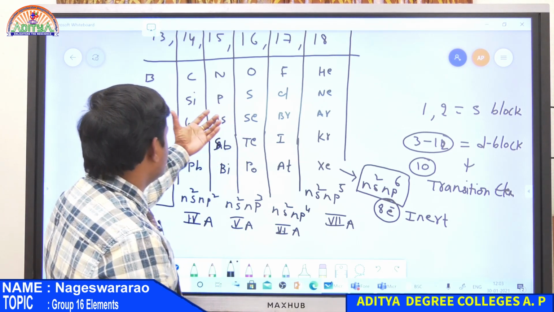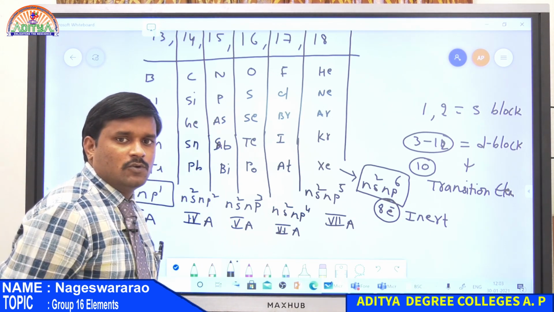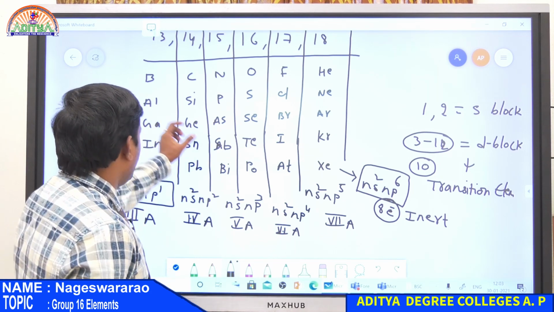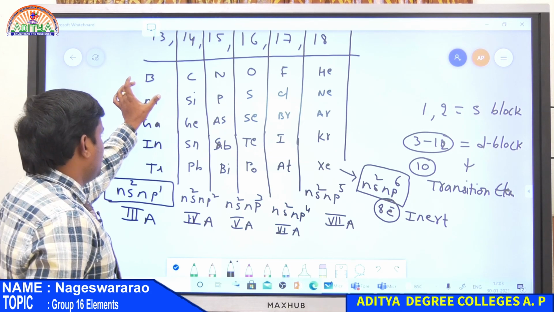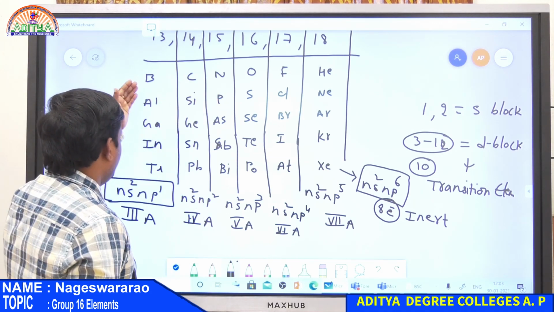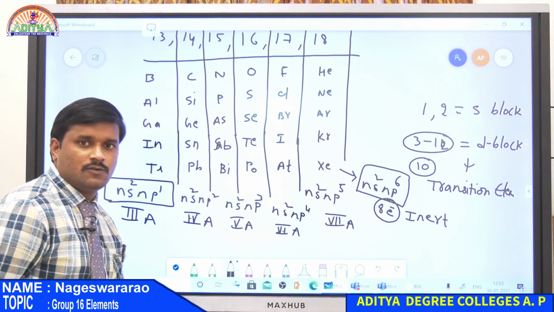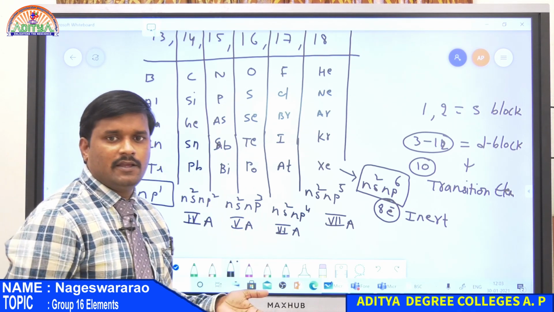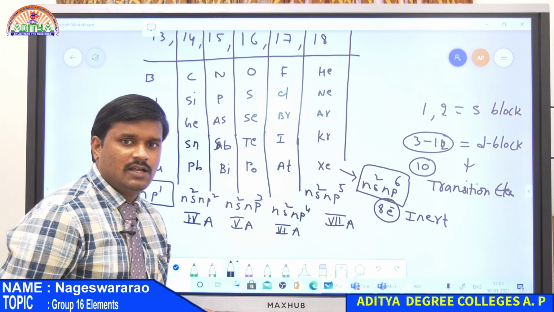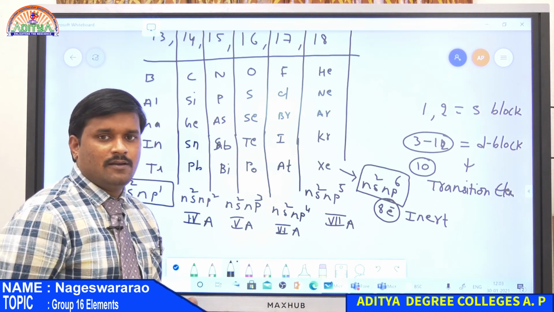So all these are elements of p block. In our periodic table, from group number 13 to 18 all are p block elements. Already we completed boron family elements, carbon as well as nitrogen. What are the elements, what are the atomic numbers and what are the physical properties? From top to bottom, what happened in physical properties, that is atomic radius, ionization energy, electronegativity, electropositivity, oxidation number, metallic character.